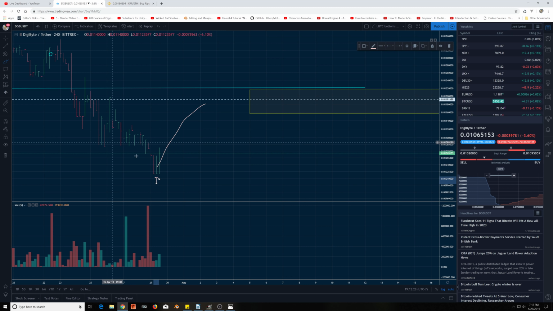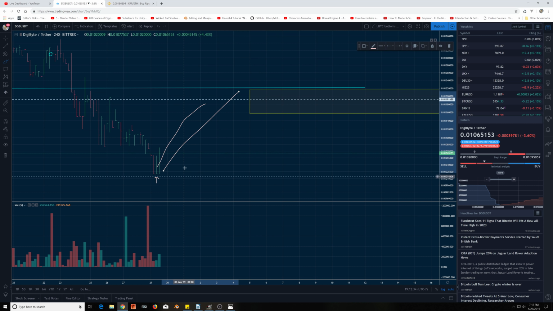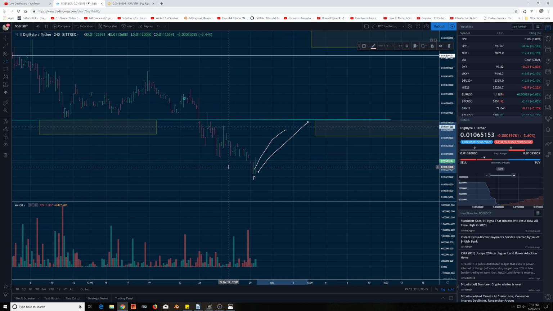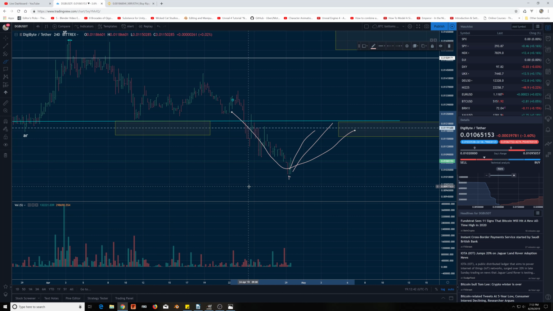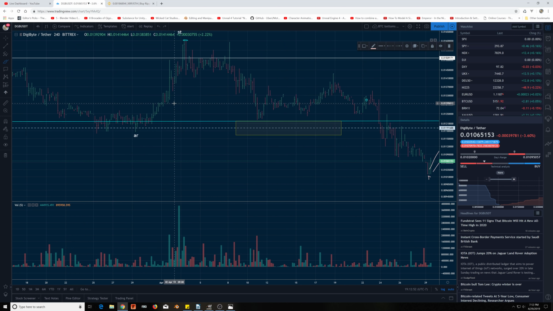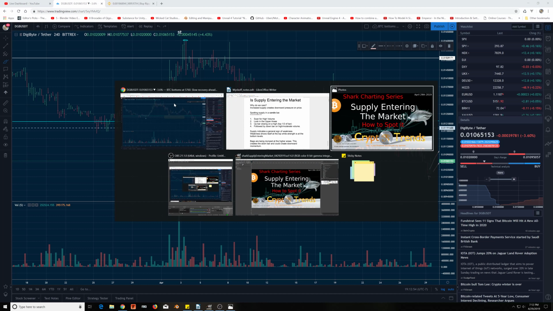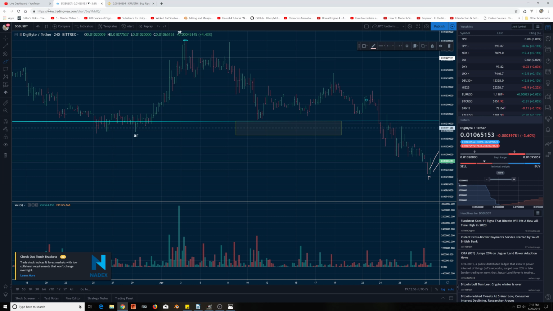There's no more supply. There's no more sellers. So what they do, go back up. So yeah, that box I have there's valid. So yeah, there you go. Highly technical. You might want to measure the angles and the slope of those lines and stuff. Oh my. Okay, so that is DGB.